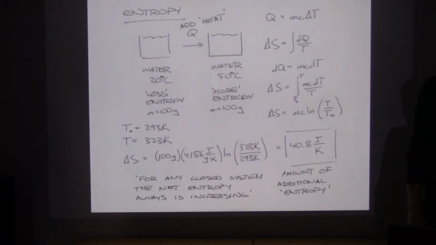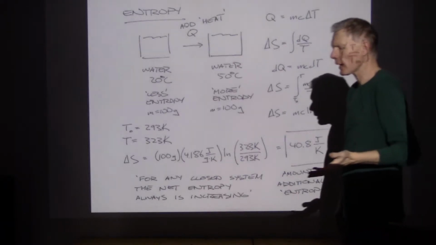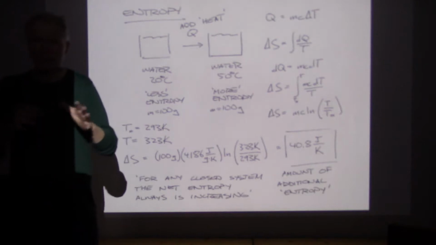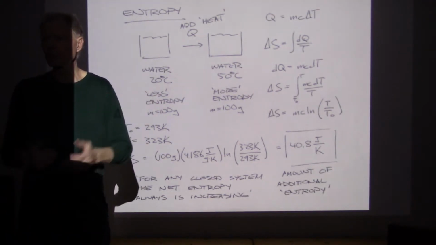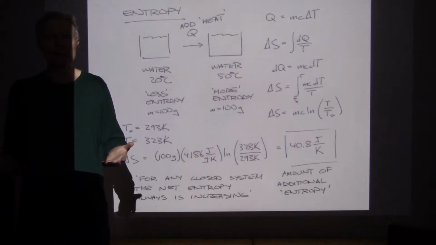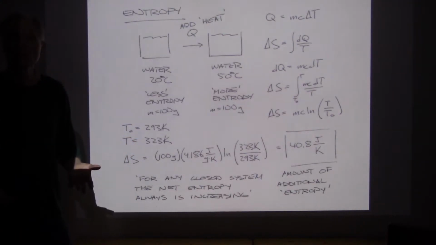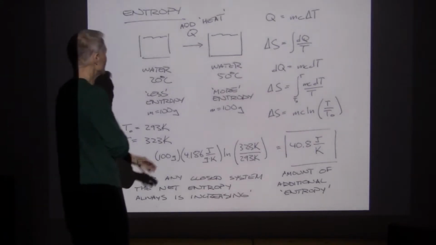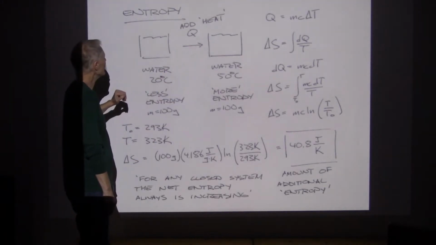Now, it seems a little funny. I can see the idea that if I transfer energy in, I'm going to get a more disorganized or more random distribution of molecular kinetic energies, because there's just more energy available to the molecules to do more sorts of things.